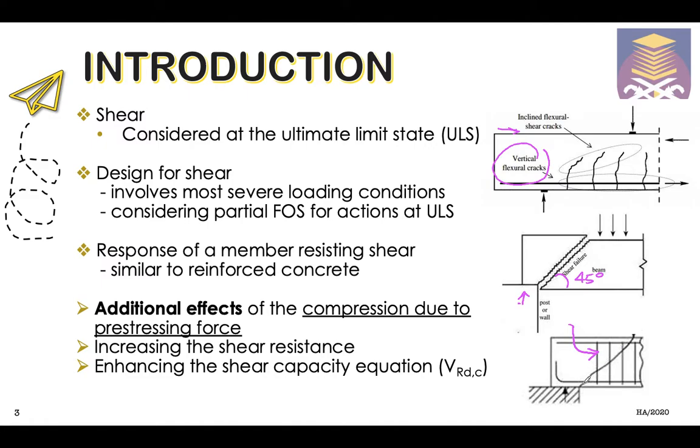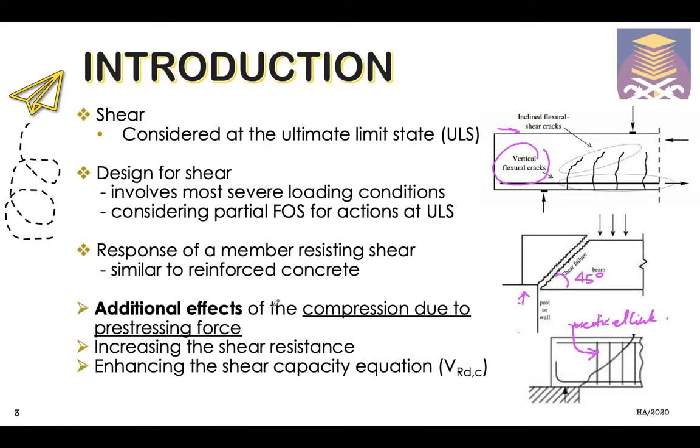You can see here this is the expected shear crack, which is an inclined crack. We are going to provide these vertical shear links in order to resist this failure. So they are in almost the perpendicular direction to the expected shear failure. These are the shear failures that we are going to cater for in this topic.